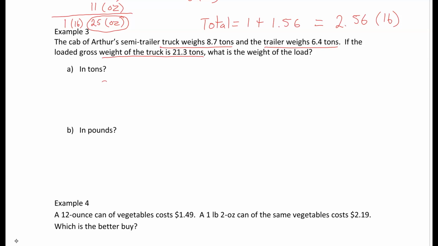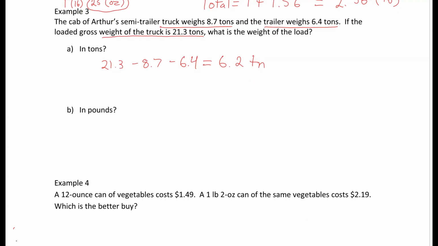So we have 21.3 tons, subtract 8.7 tons, subtract 6.4 tons, and if we subtract this all from 21.3, we'll find the weight inside the trailer is 6.2 tons. Now, the next part says to convert this into pounds. We know from the previous page that 1 ton is equal to 2,000 pounds.